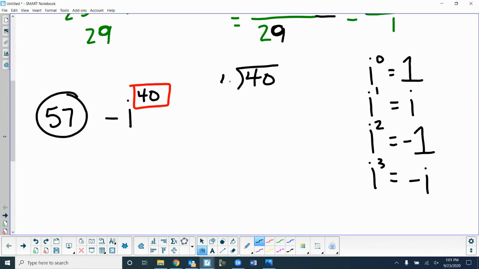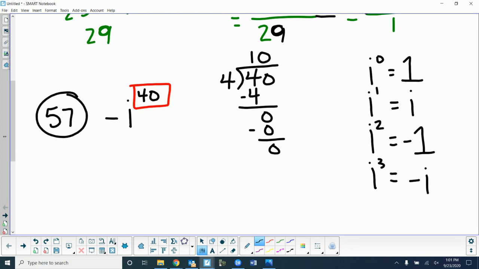Again, you can do this in your calculator, but if you do long division, 4 goes into 4 once. 1 times 4 is 4. When you subtract, you get 0, so you bring down the next term, which is a 0, and 4 goes into 0 0 times. 0 times 4 is 0. Subtract, that's our remainder. Okay? So when you put that in your calculator, you get 10. Right?